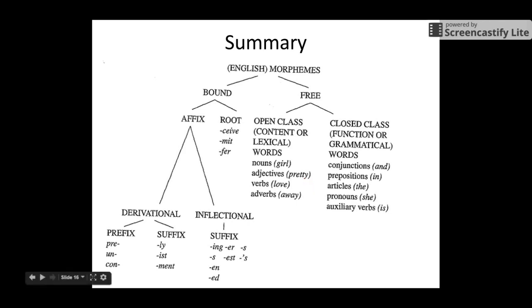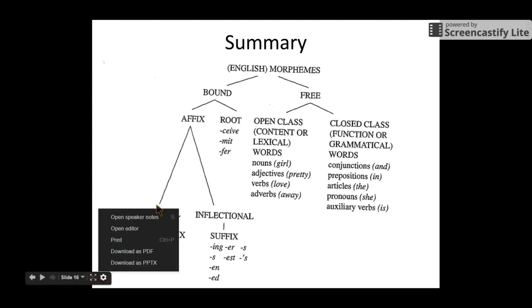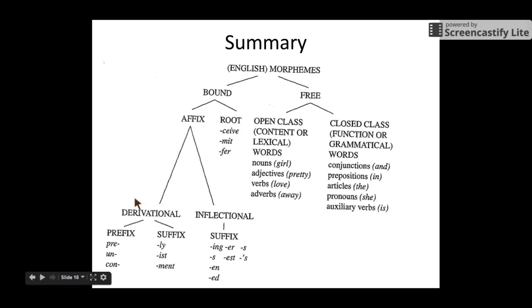On the other side, we have bound morphemes. We can talk about affixes first. And there are two types of affixes. We have derivational affixes, which either change the part of speech of the root or add more semantics to the root.